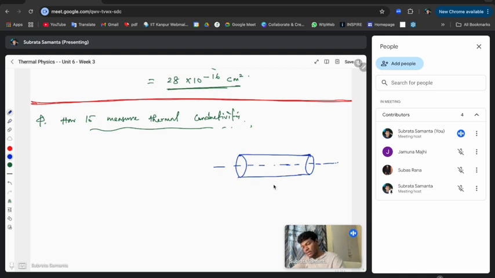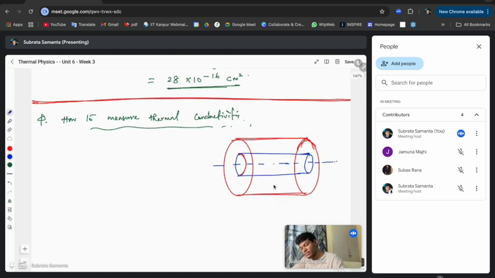There is another cylinder, and the inner cylinder and the outer cylinder both have the same axis.